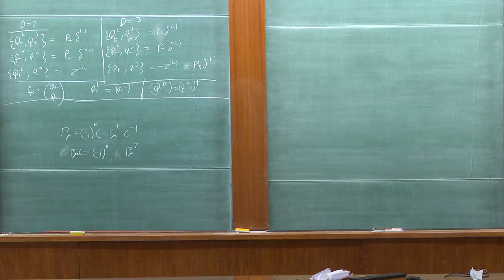Okay? So this is the condition that we have: gamma mu times C is equal to... so what is the condition?